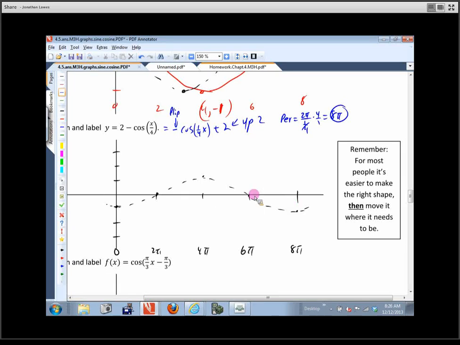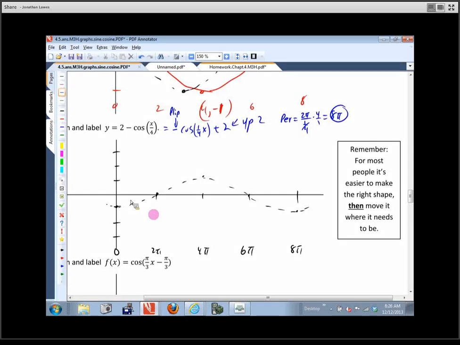Like, what's the coordinate of this one right here? 6 pi, comma 0. What's the coordinate of this one right here? 8 pi, comma -1, right? Okay, this is the right shape, but is it in the right place? It's not in the right place. What do we need to do? Move it up 2.